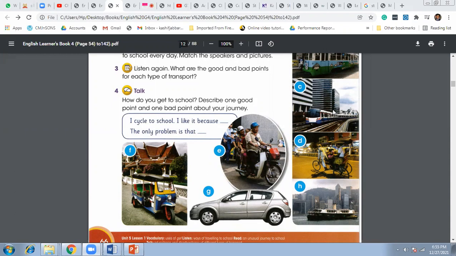What is the good thing about the car and what is the bad thing about the car? Tell me. The good thing, it is very fast. And the bad thing, it takes a lot of money for the benzene, for the fuel. All right. That is great. Fine. Very good.